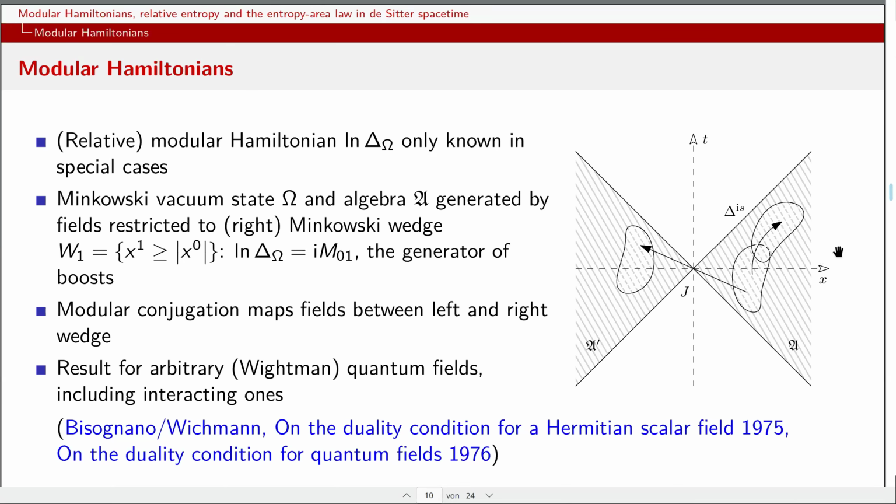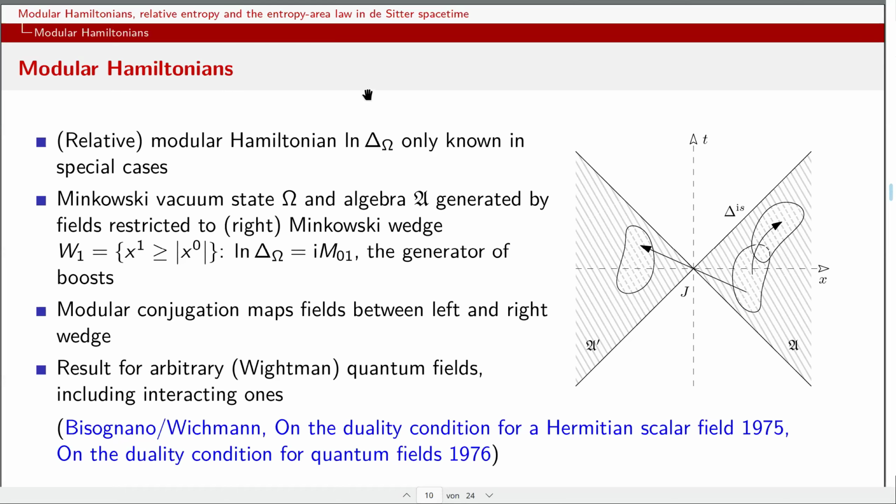Bisognano and Wichmann haven't phrased it in that language, but from their results, one can infer that the modular Hamiltonian is nothing else but the generator of boosts. So if I have a field localized in some region here, the boost, the modular flow, will bring me up here, and the modular conjugation will map me into the left wedge.